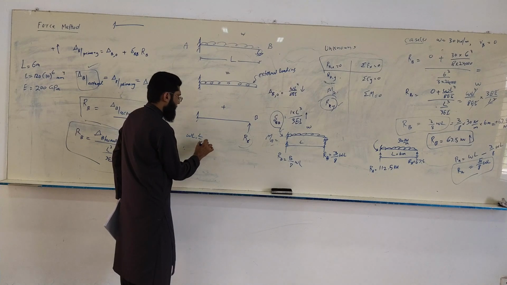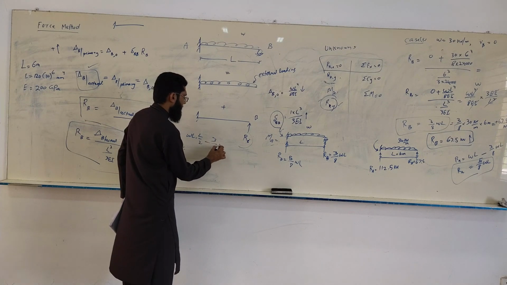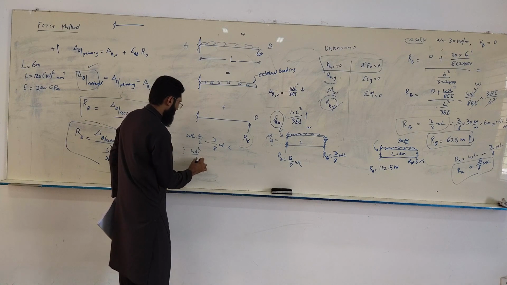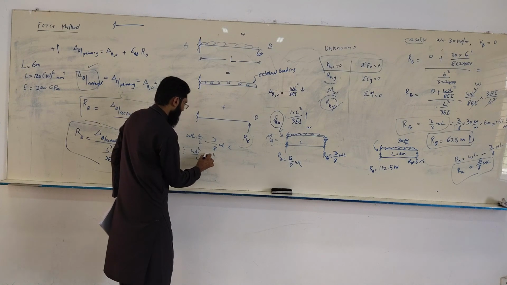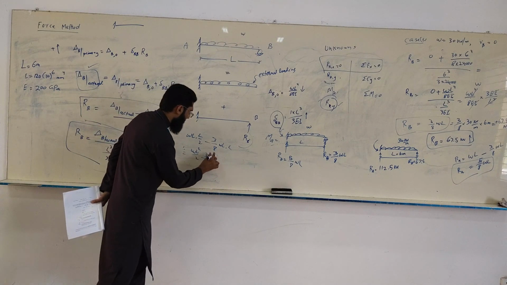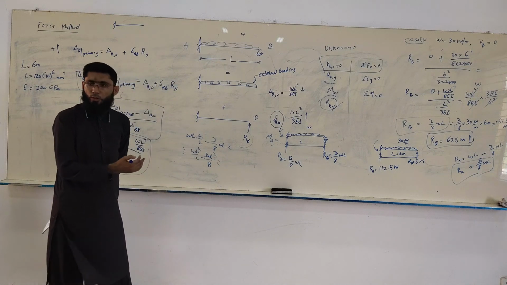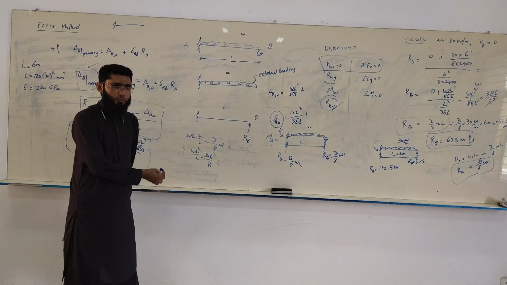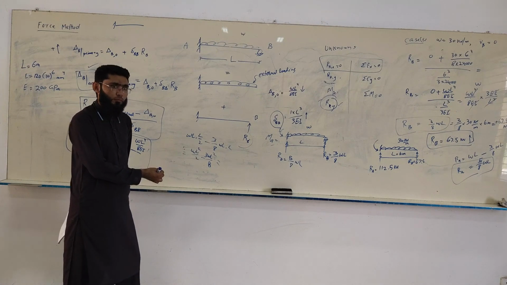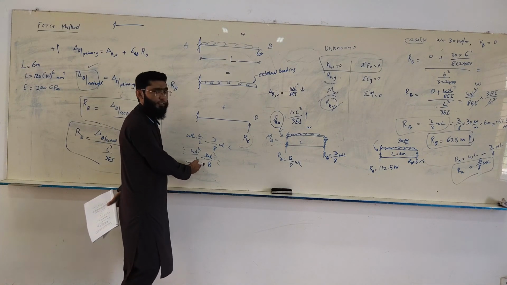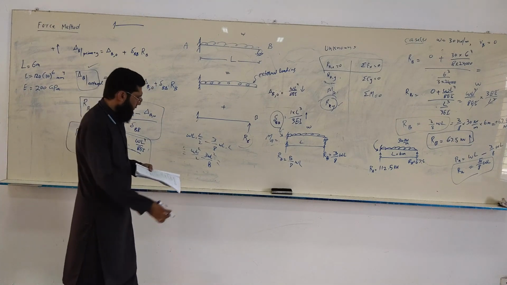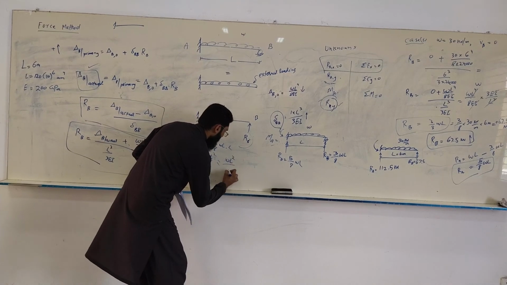WL into L by 2 minus 3 by 8 WL times L. So it is WL square by 2 minus 3 by 8 times WL square. So 1 over 2 minus 3 by 8. So get WL square by 8.